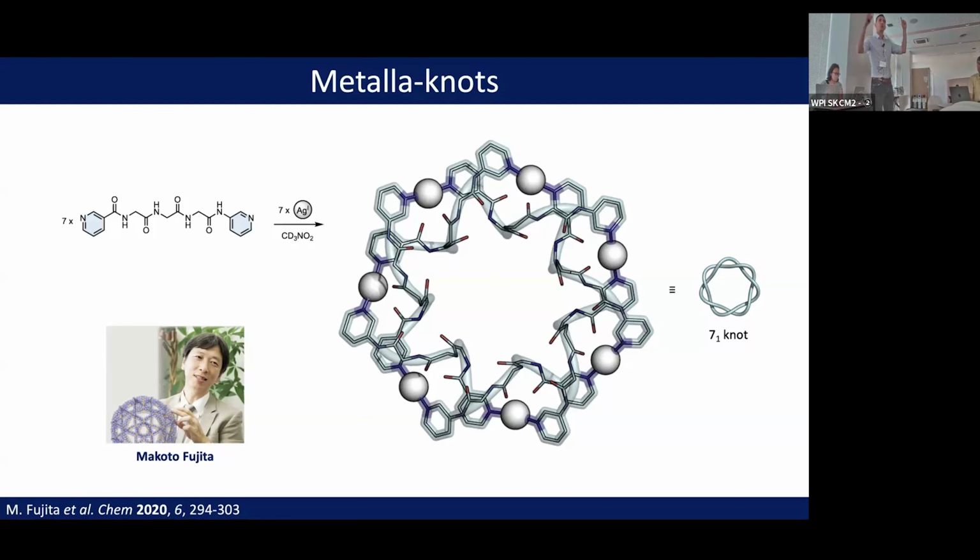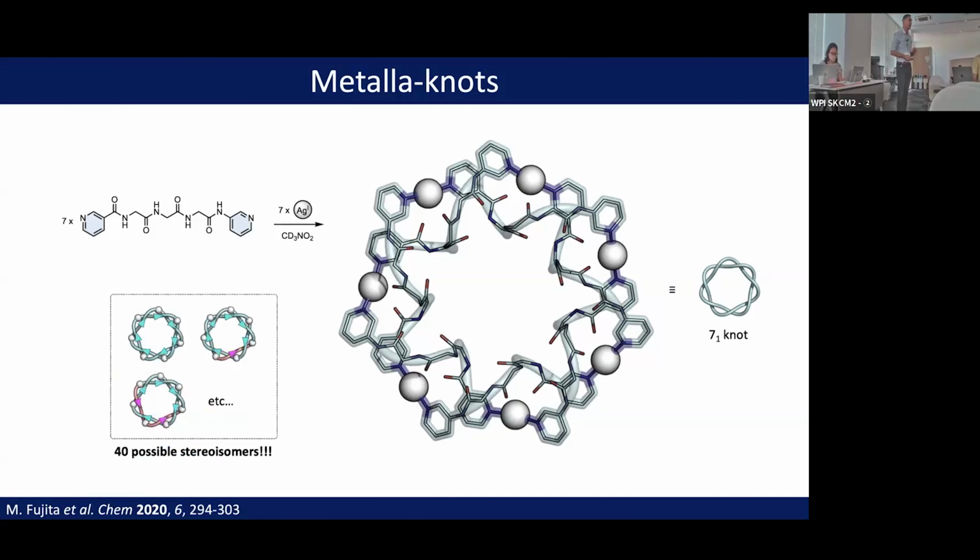If there is a direction, combining 2 threads, you already have 2 possibilities, which is parallel and anti-parallel. If you combine 7 threads, now there are 40 possibilities to form this knot. Only one of these 40 possibilities does happen in the tube. So quite remarkable. And the team has expanded, of course, on the strategy. Why use glycine? You can use any amino acid you may like.